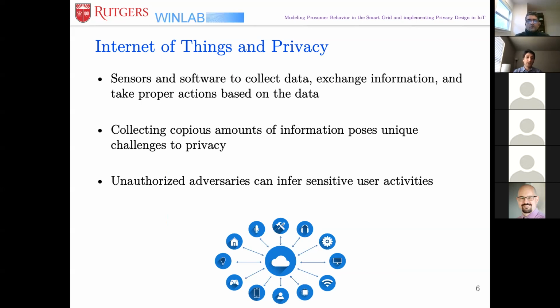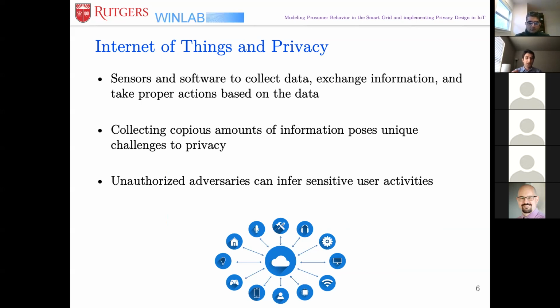As helpful as the IoT system can be, using IoT brings with it several risks and challenges. Since IoT devices collect large amounts of information, some public and some personal, they pose unique challenges to the privacy of the users.